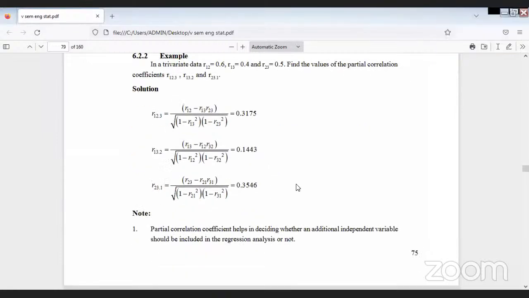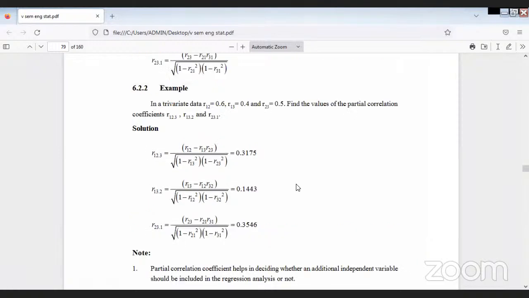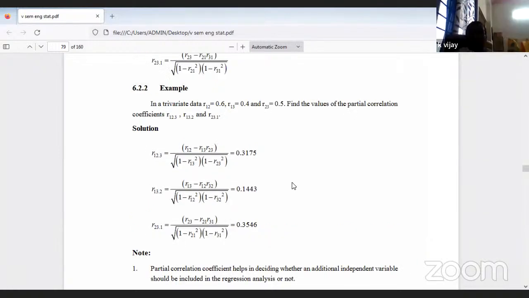R13.2 and R23.1, both have to be done, all of you.